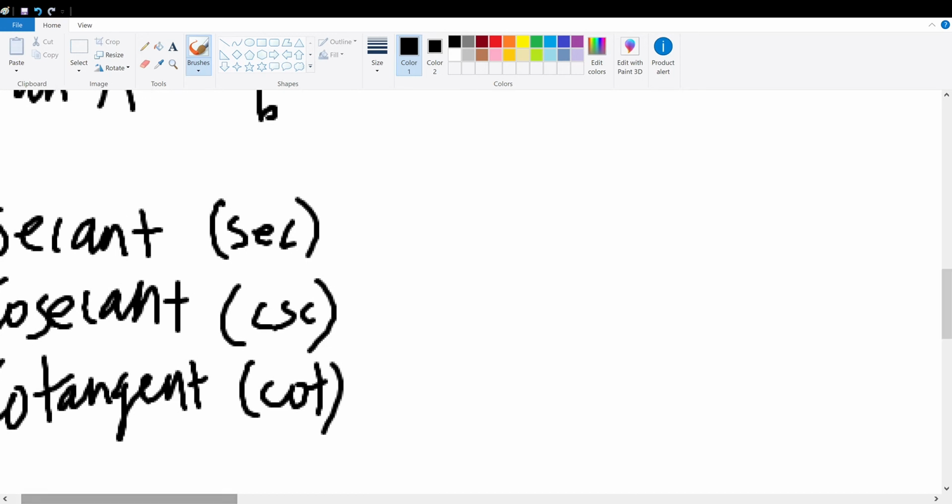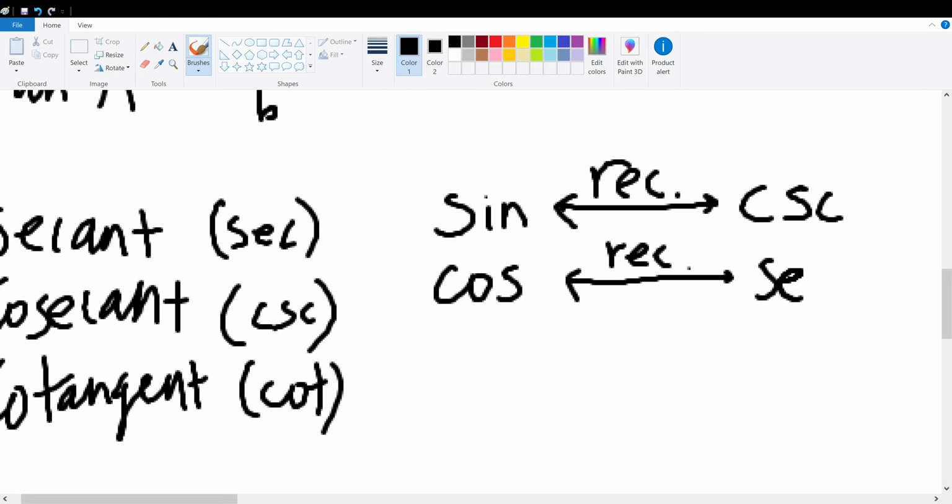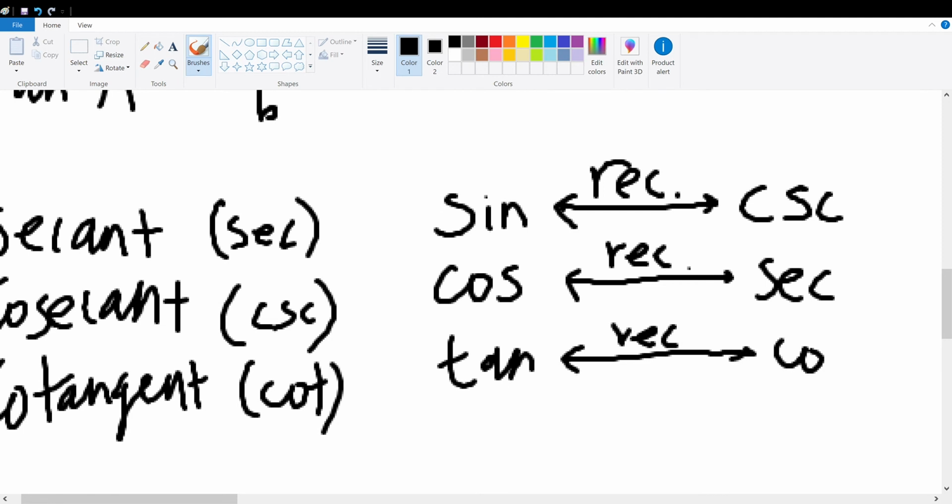One thing to note here is the relationships of secant, cosecant, and cotangent to sine, cosine, and tangent. Sine is the reciprocal, which I can abbreviate REC, of cosecant, which is CSC. Cosine is the reciprocal of secant, and tangent, by order of elimination, is the reciprocal of cotangent.